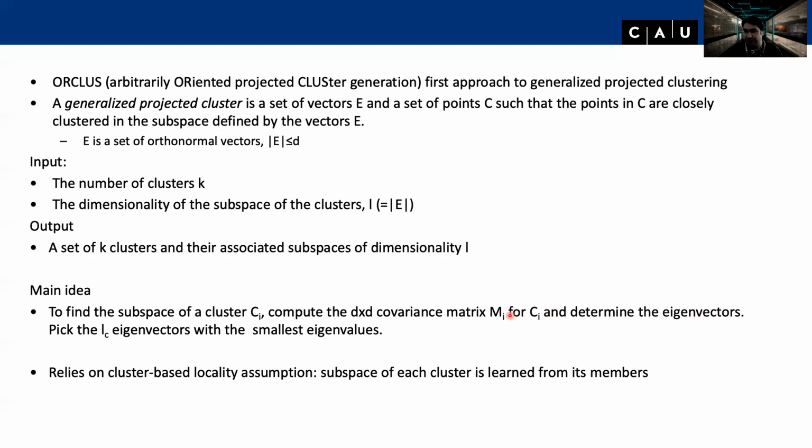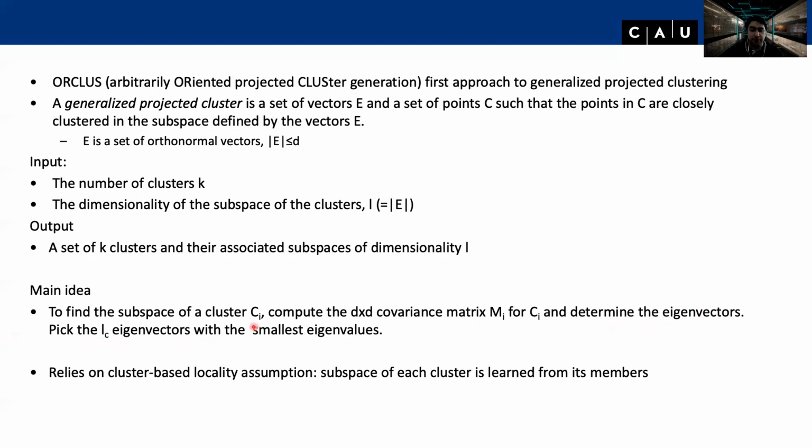So as soon as we have a covariance matrix, you know, from PCA, we can perform an eigendecomposition, solving the eigenproblem, and obtain eigenvectors and their corresponding eigenvalues. And from these eigenvectors that we have here, we pick the L eigenvectors with the smallest eigenvalues.